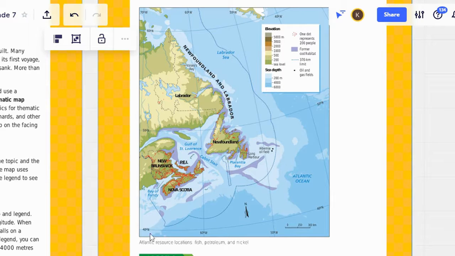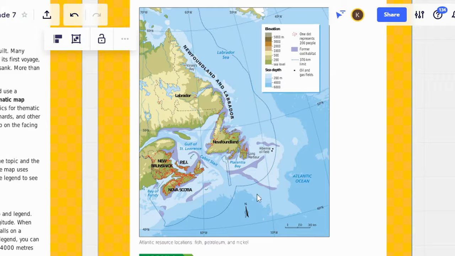So we've got our lines of longitude. I had to think through that one a second. And our lines of latitude going this way. Right? So if I were to say take this dot here, that would be at 50 degrees west is our longitude, and 50 north is our latitude.